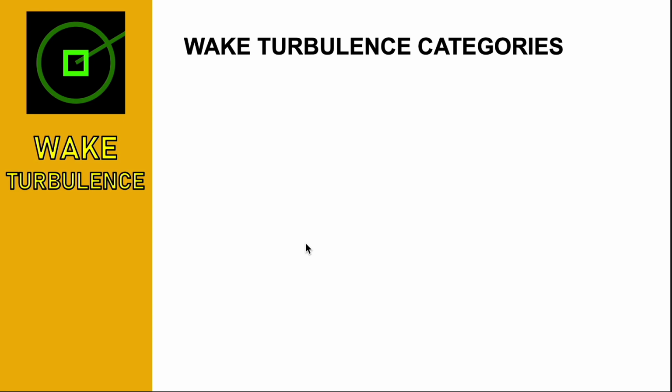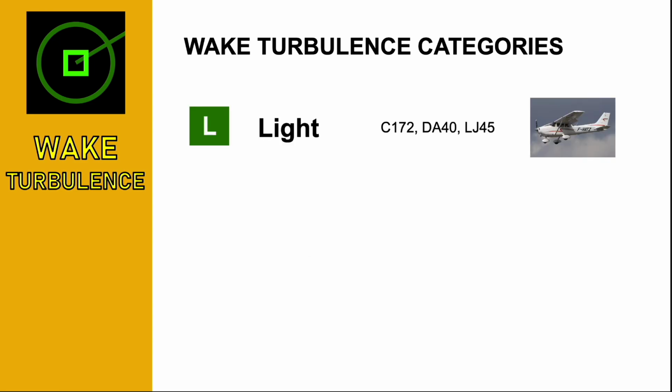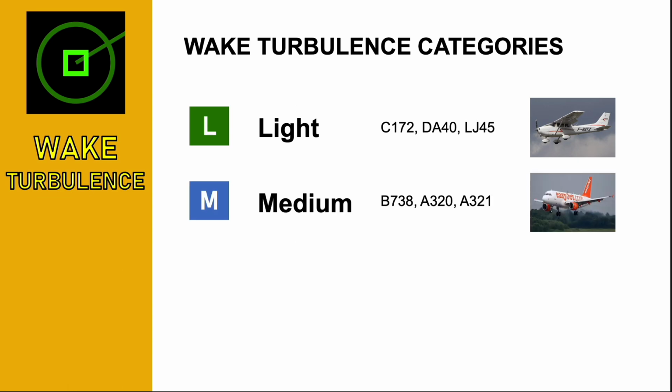But just as a quick reference, you will have, for example, the light traffics. Just to simplify everything, if there is a Cessna, a Diamond or a Learjet, they are usually going to be category light. And then the medium is usually airliners, the most famous ones: Boeing 737, Airbus 320, Airbus 321, and similar sizes. They are always going to be medium.